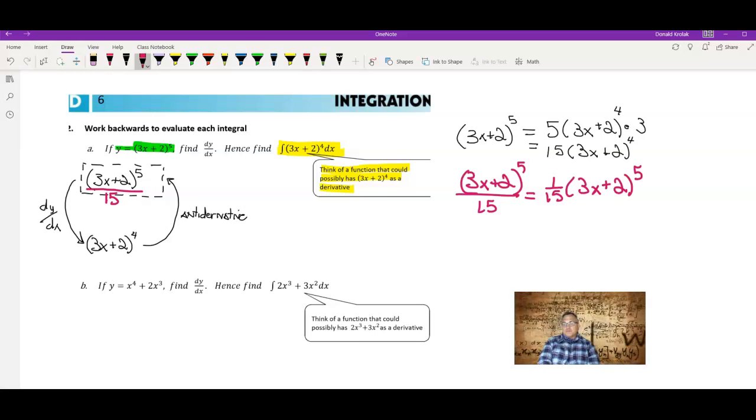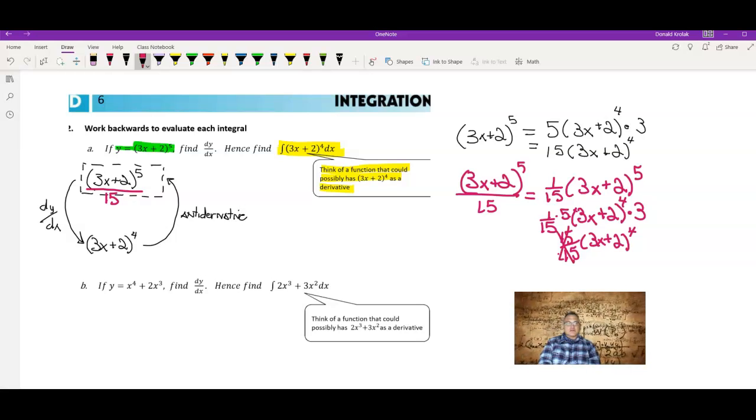All right, so that's a 1/15th, and then I'm just going to use my chain rule, which is going to be 5 times (3x + 2), times the derivative of that, which is 3. So I end up with 15 over 15. Whoops, I forgot the 4 again. And then (3x + 2) to the 4th, and then those 15s cancel.